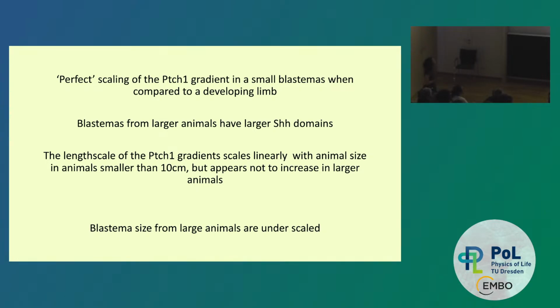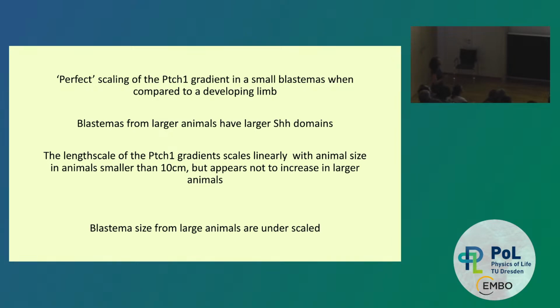production. So what I'd like to point out is that this is an amazing system. We think that there's perfect scaling of the patch gradient within some size regime. That means that the amplitude of the patched and the sonic are not changing over different size animals, but we're getting a scaling of the gradient along the AP axis.